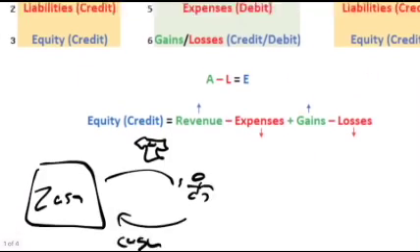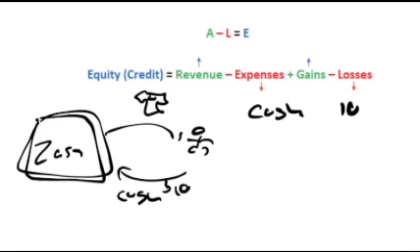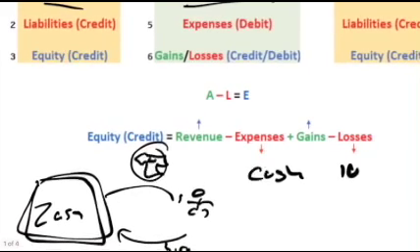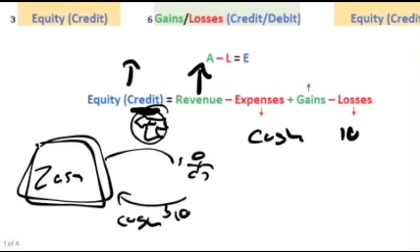Cash is an asset, so I would debit cash. Let's say the shirt cost $10. I would debit cash $10. I'm Zara, I'm in the business of selling clothes, so this would be classified as revenue. Revenue is going to increase the value of my company, so revenue is to be represented as a credit entry. Revenue, credit $10.